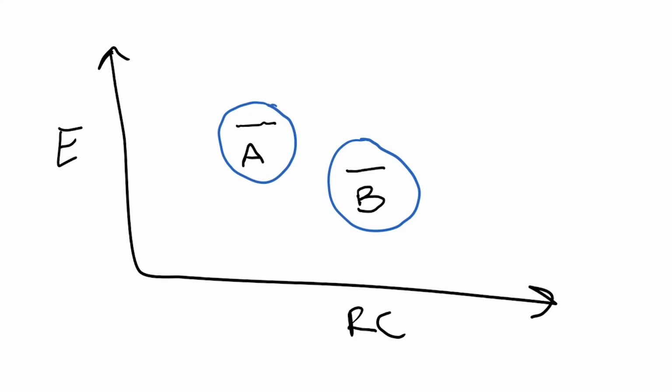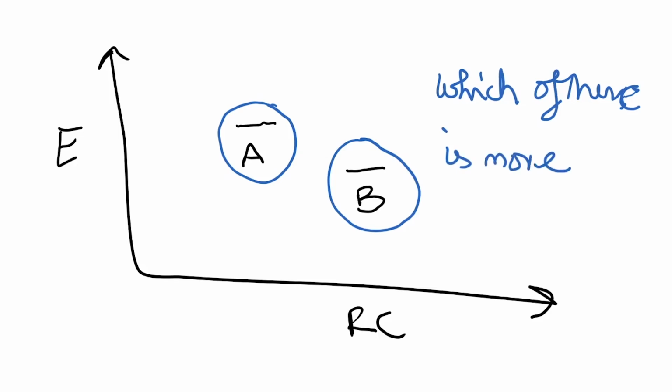So in order to understand this, the question we have to ask is, which of these is more reactive? Like we mentioned earlier, we don't really care about the population of these conformations because they're going to be rapidly interconverting.